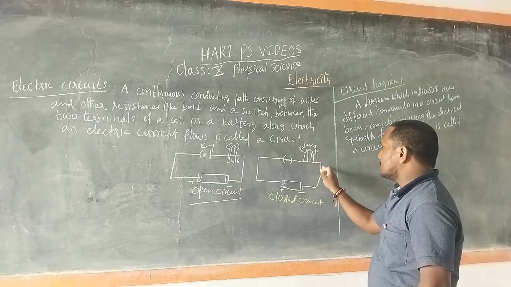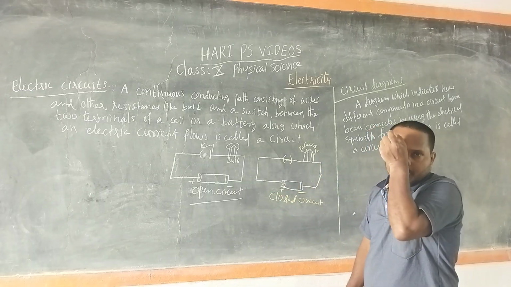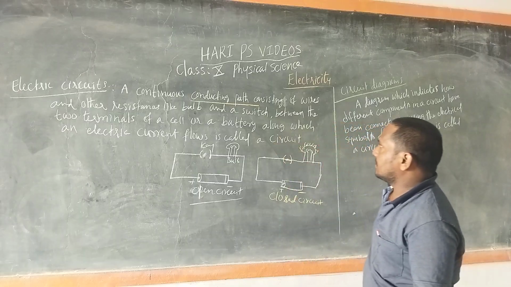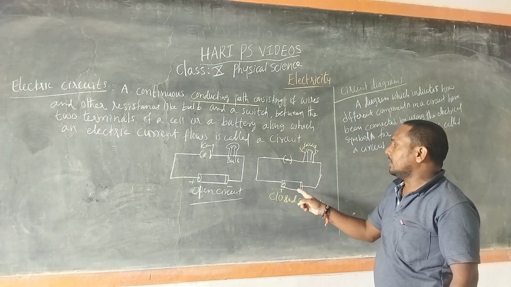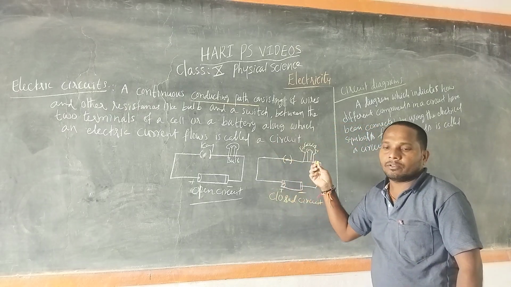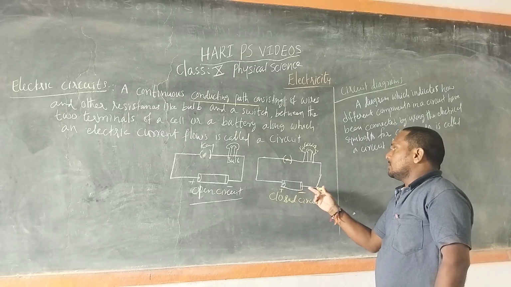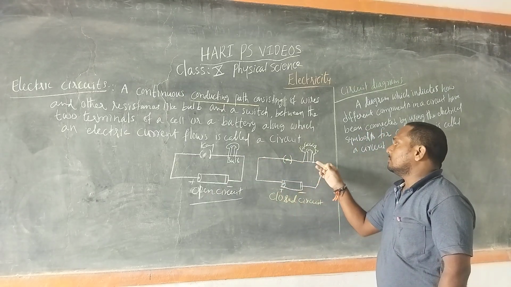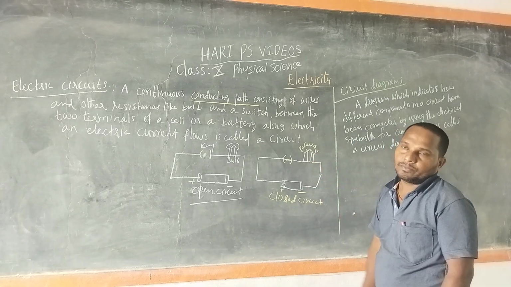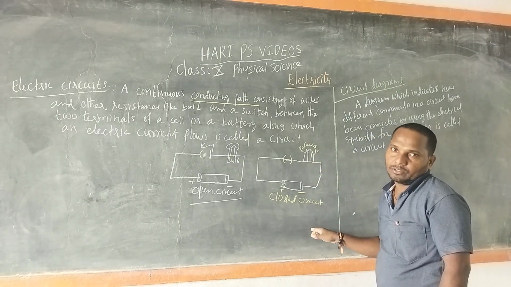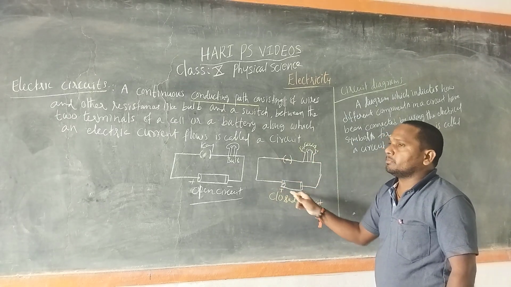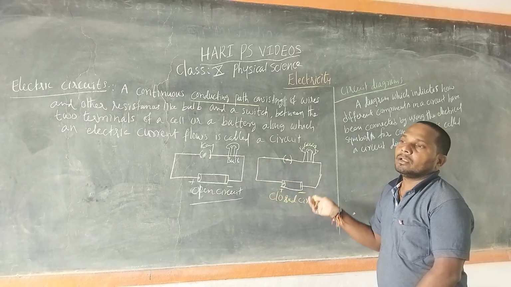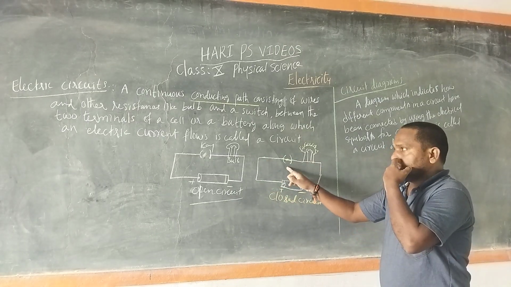The path is completed, then electrons can flow from the negative terminal to the positive terminal and the bulb glows. This is the closed circuit, because the circuit means the path of electric current is arranged by closing the key.